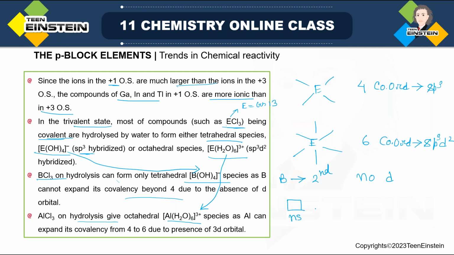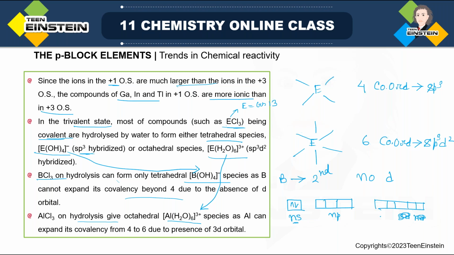Just again have a look. Suppose we have an ns orbital, then we have an np orbital, and in some periods, that is period 3 onwards, you can have 3d. Let me write nd. It is actually n minus 1 when compared to n.